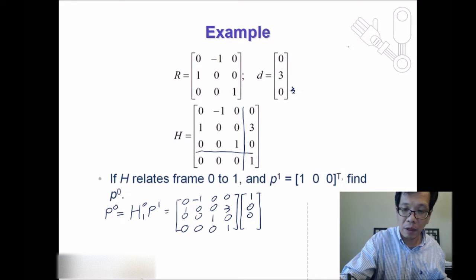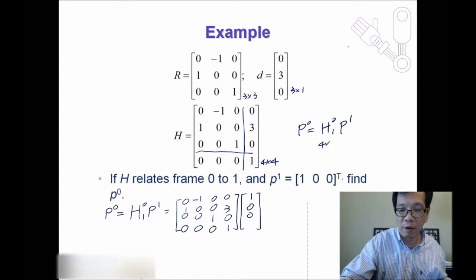This is 3 by 1. This is 3 by 3. This is 4 by 4. So when we do P0 equals H01 times P1, this is going to be 4 by 4. In order to get another vector over here, this must be 4 by 1.